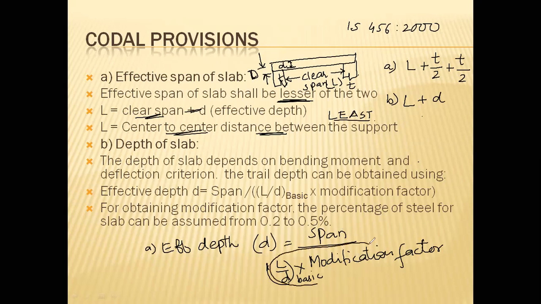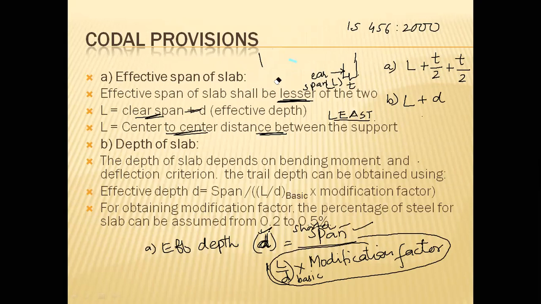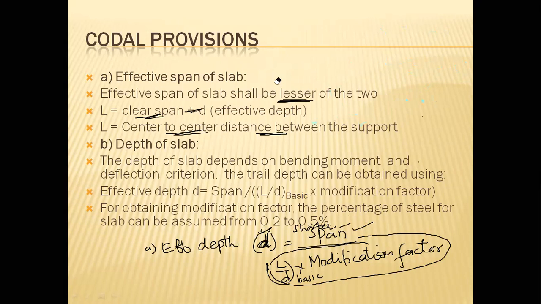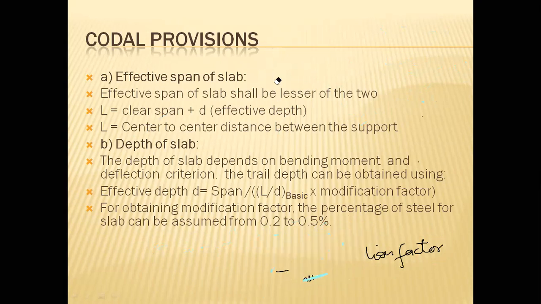We will just consider the L by D basic and multiply it by the modification factor. Then the depth we get is the effective depth, and the span should always be taken as the shorter span. So these are the two provisions. First is effective span and another is effective depth. Effective span is the least of clear span plus effective depth, and the center to center distance between supports. So what is depth of slab? It is span divided by L by D basic into the modification factor.